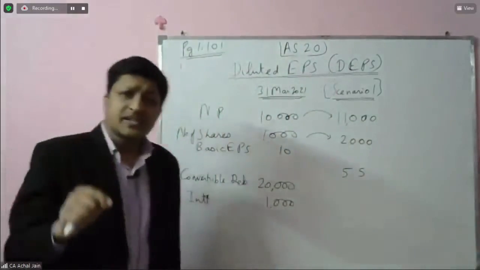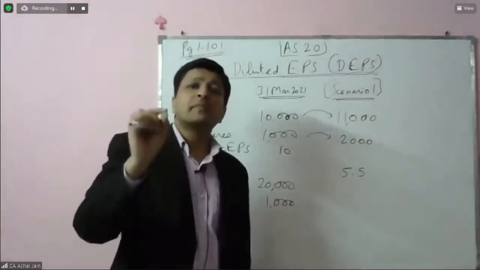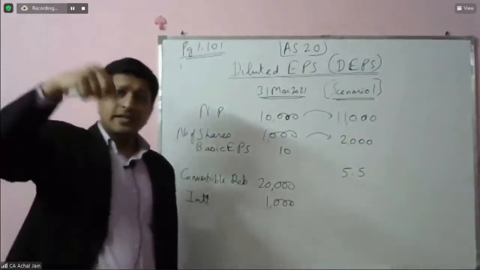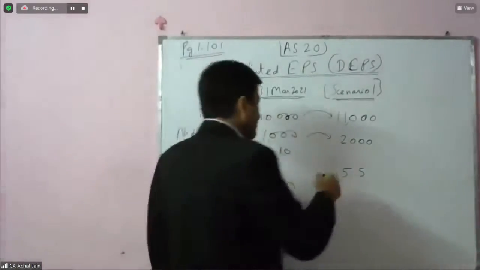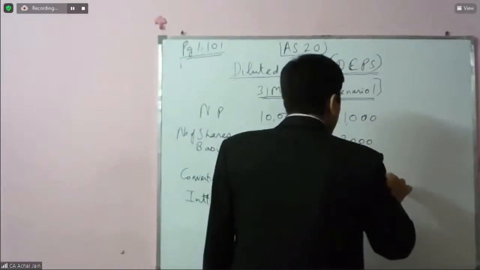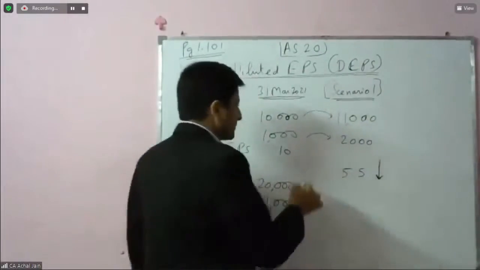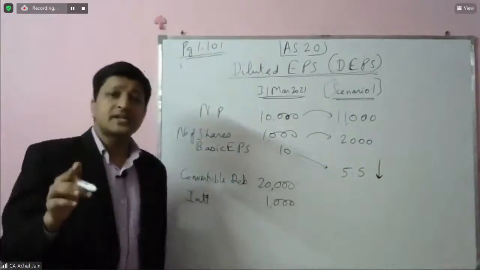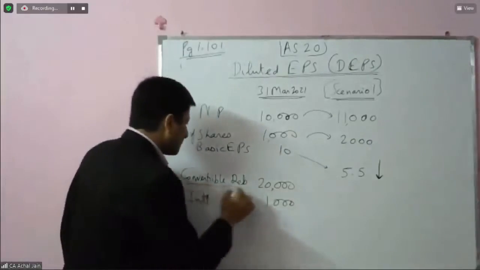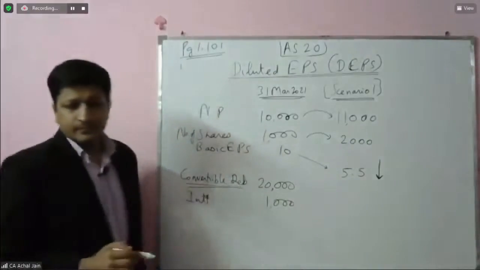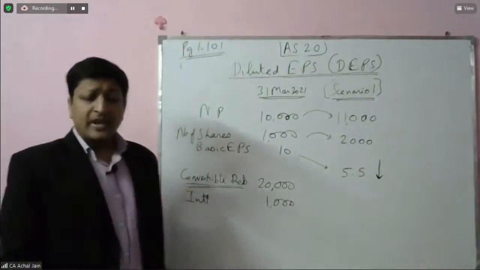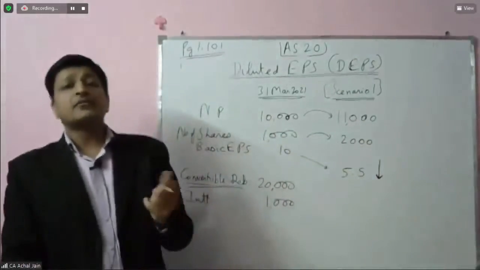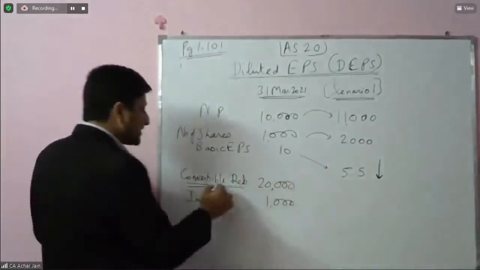Now, after considering the impact of convertible debentures, what has been the impact on the EPS? EPS has gone down. Can you see this? EPS has gone down after considering the impact of convertible debentures. Whenever EPS goes down after considering the impact of convertible debentures, what are these convertible debentures?